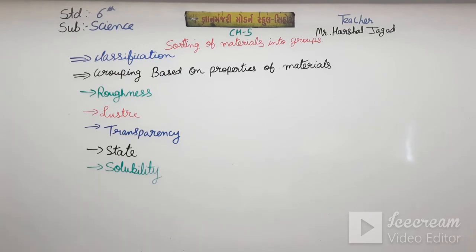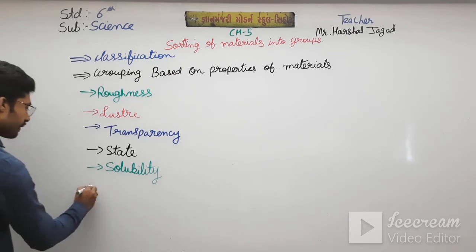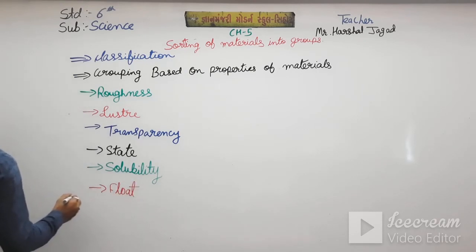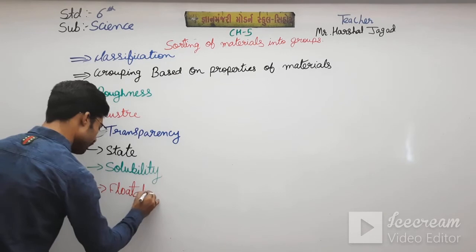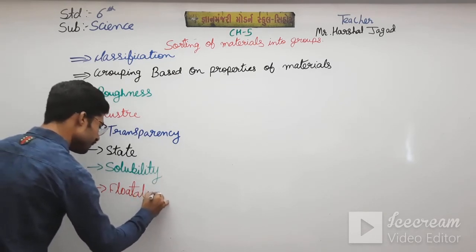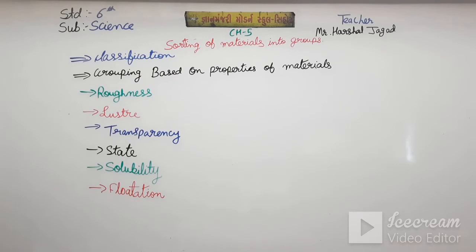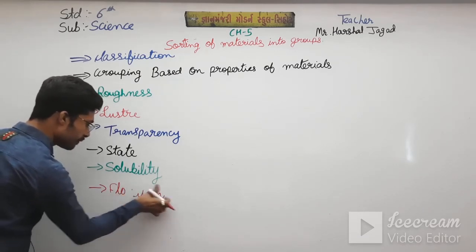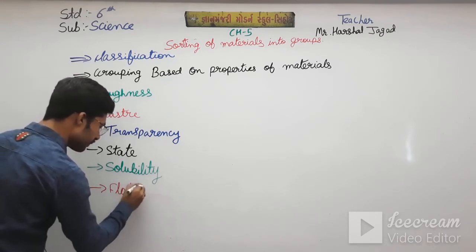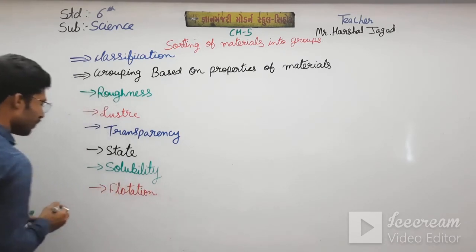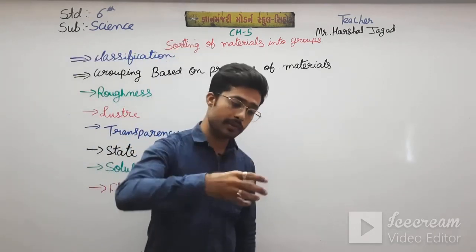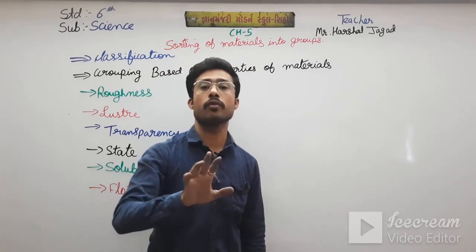Now, according to the floatation, students, we know that wood floats on the water, and if I put a stone, then it will just go down, it will not float in the water.